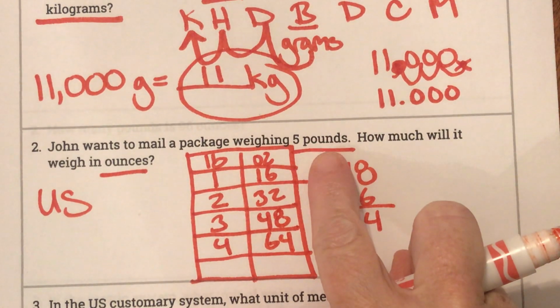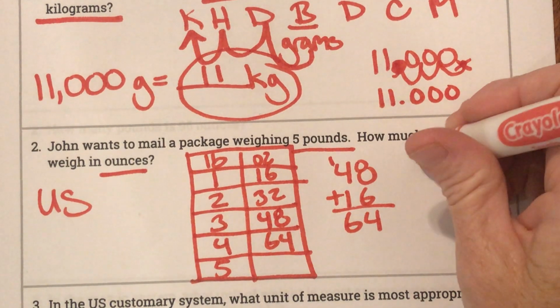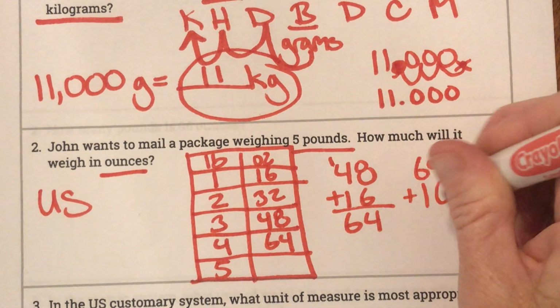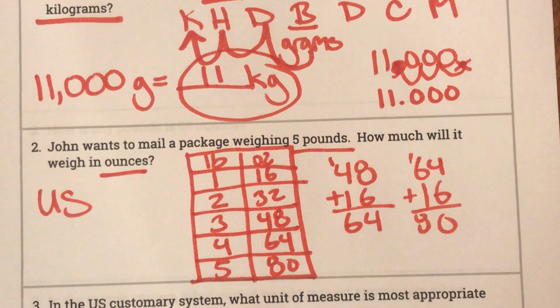And I have to keep going because I will need to know about 5 pounds. So 5 pounds would be 64 plus another 16 ounces gives me 80 ounces.